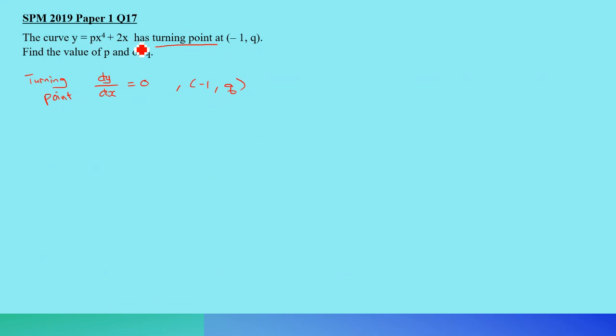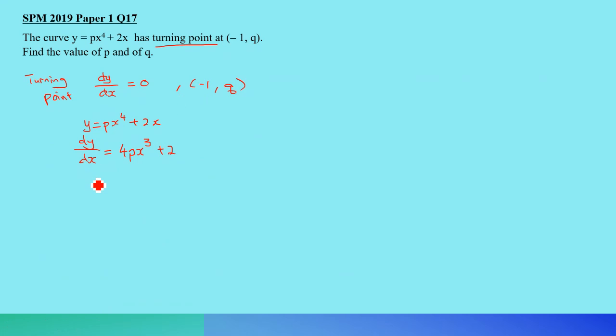So from the function here, what you do is you find your dy/dx. Since you're given y is px to the power 4 plus 2x, differentiate. This is very basic differentiation. Since this is dy/dx, at the turning point, your dy/dx is 0 when your x equals negative 1.